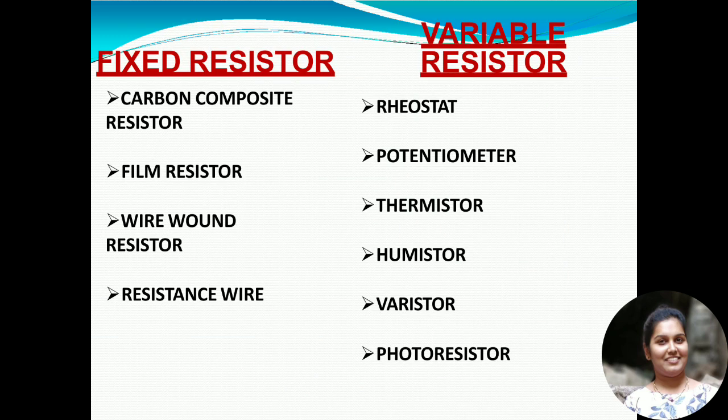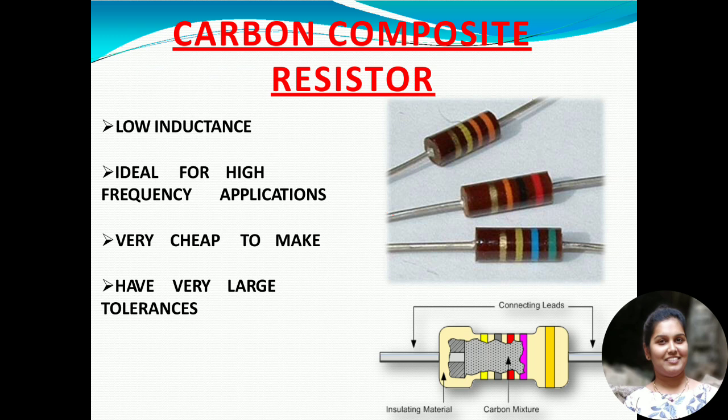The first one which comes under the fixed resistors is the carbon composite resistor. I'll just try to brief all the things. This kind of resistor comes under the category of fixed resistors. These resistors are most commonly seen in PCBs, circuit boards and most electronic circuits. These resistors are nothing but carbon composition resistors.